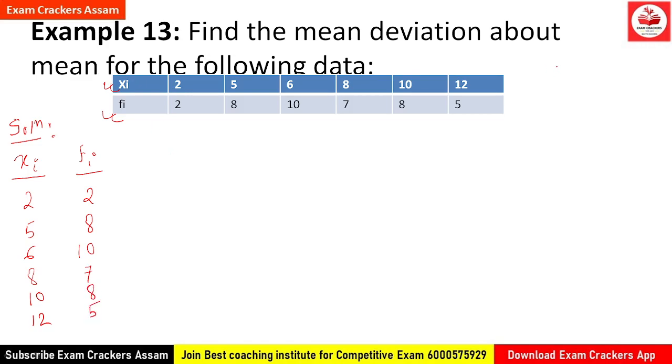So first let me write the formula of mean deviation about mean. Let us write it in short as MD.